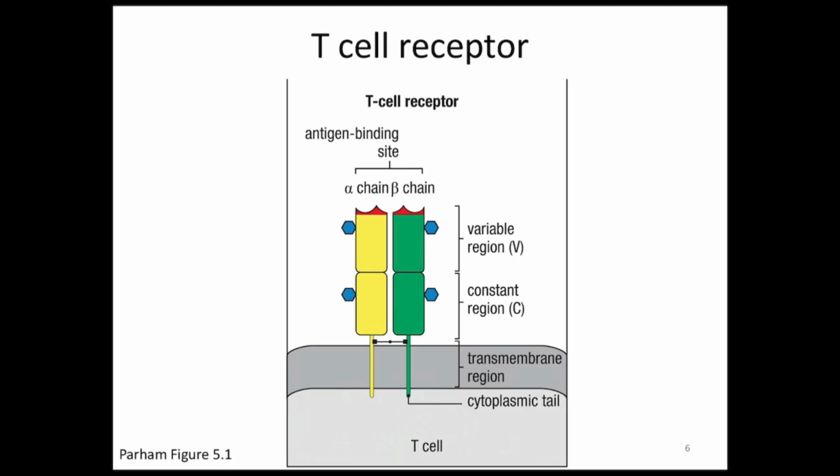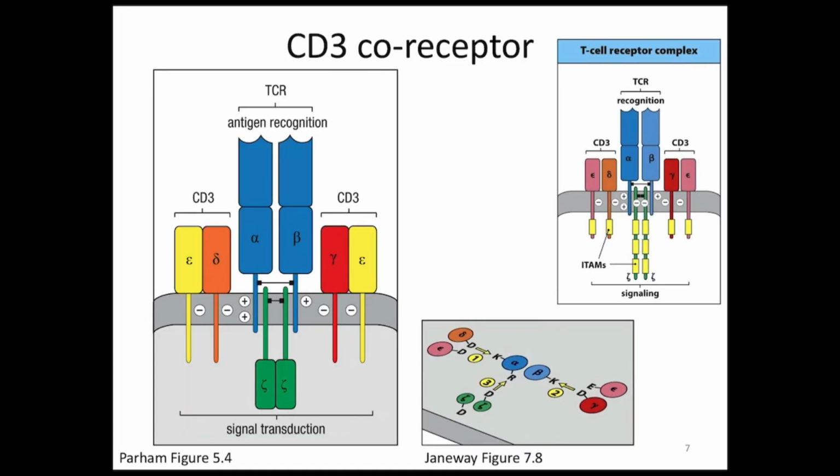When I think about the co-receptor for the T cell receptor, there are a specific set of CD numbers, a specific set of proteins I always think about. One of these is called CD3. And CD3 is part of the T cell co-receptor.